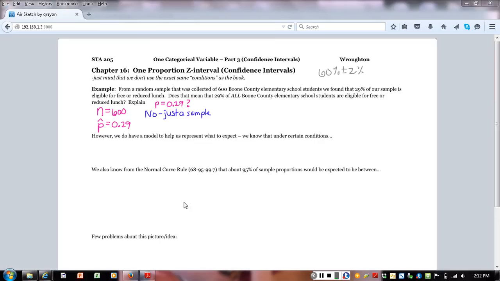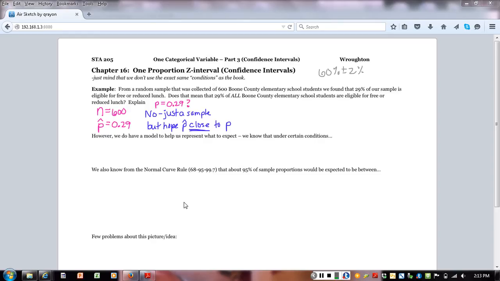But we hope p hat is close to p, or that it's somewhere near. So we don't think it's exactly 29% for p, but hopefully it's close because we got 29% from our sample. How close? That's what we're going to talk about for how we construct a confidence interval.